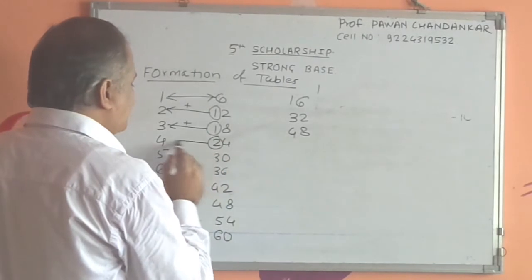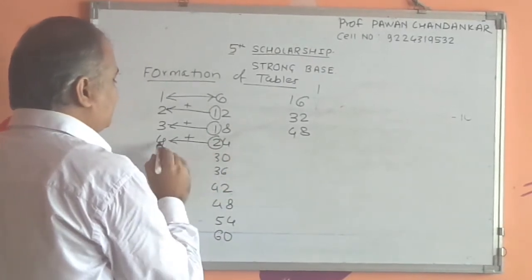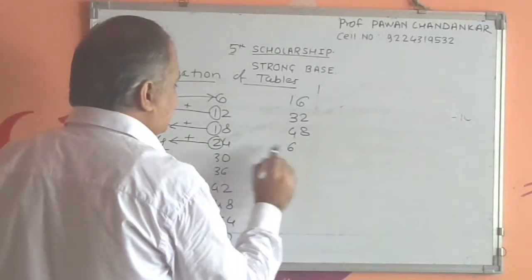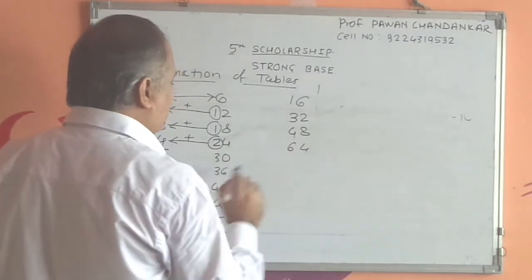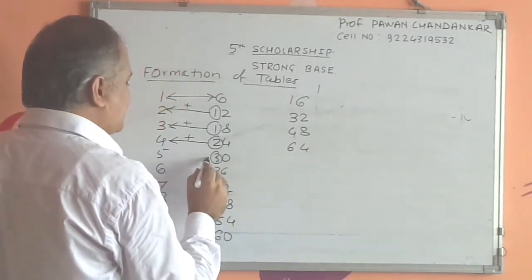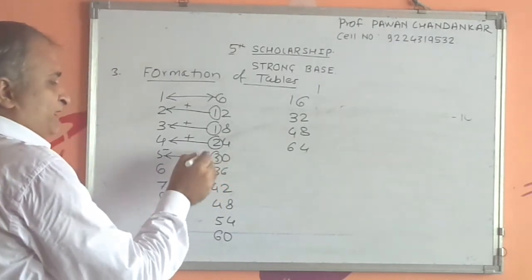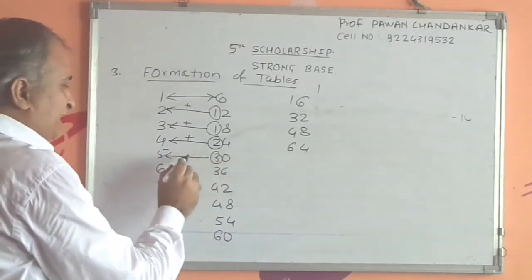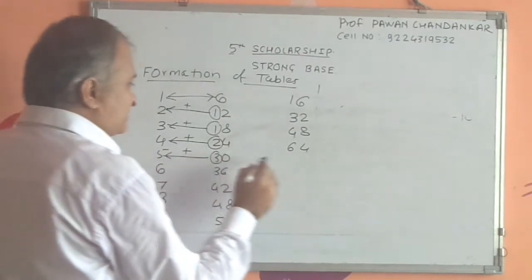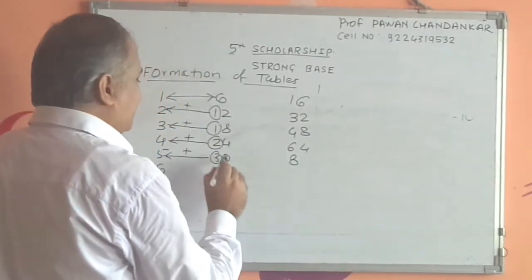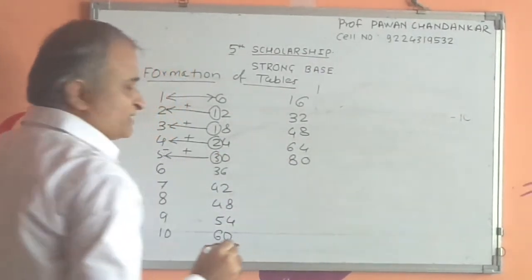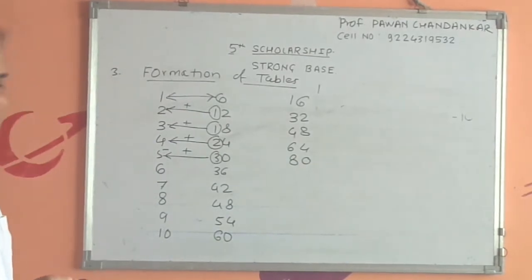Again here 2 is there, so 2 will get added to 4. So 4 plus 2 is 6. I will write 4 as it is. The same thing here: from number 30 I will take the digit 3 which will get added to 5. So 5 plus 3 is 8 and the leftover digit is 0 which I will write as it is.